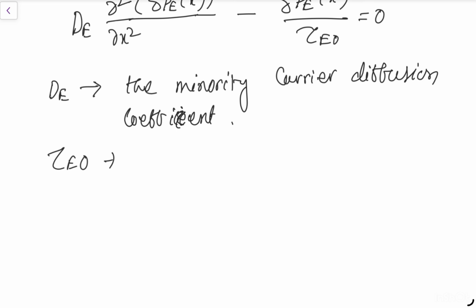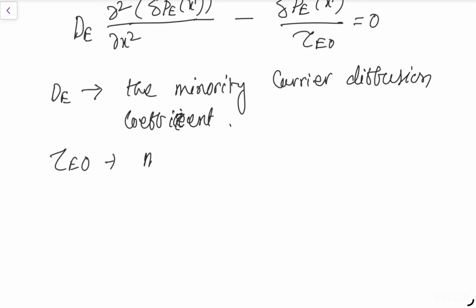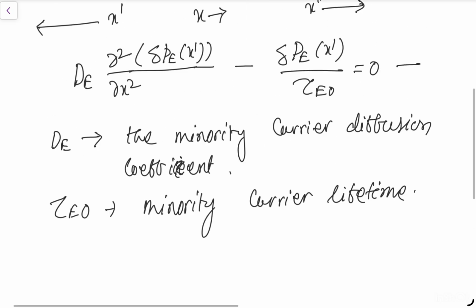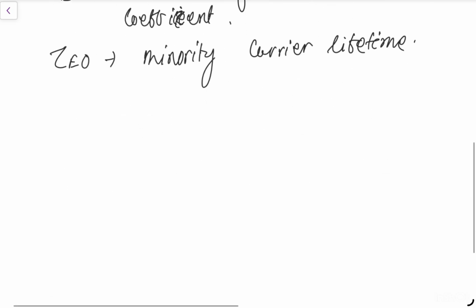If you remember, it is the time a carrier exists in that region before undergoing recombination. Now let's name this equation 1. We may reuse it. Similarly, we can write the excess hole concentration, as I have already told you, delta pe(x dash).